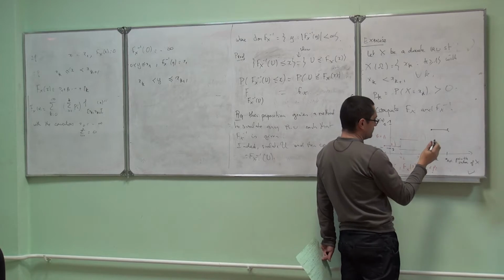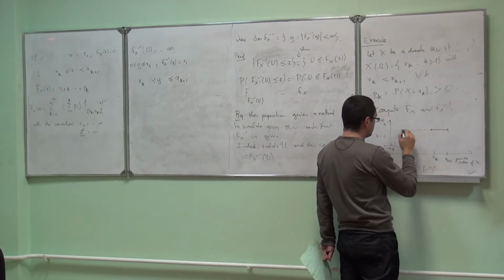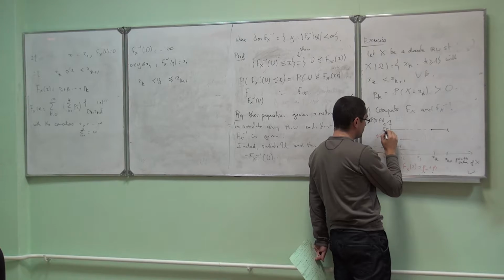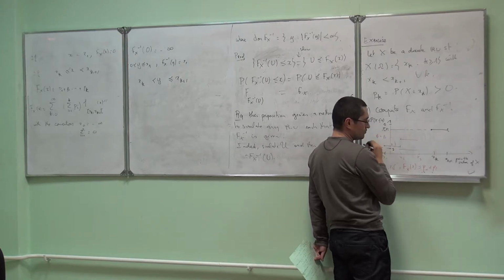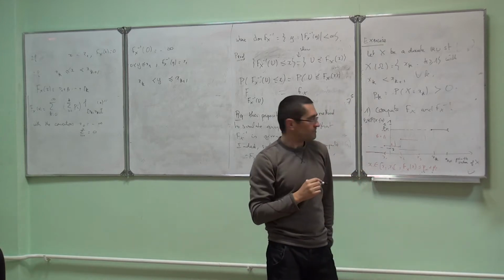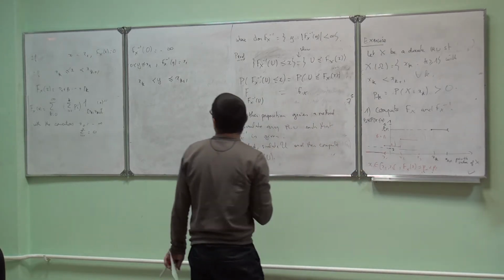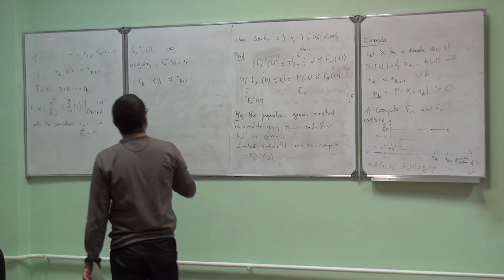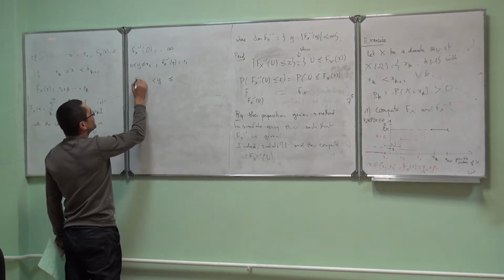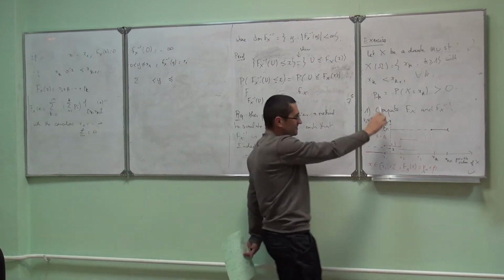Here, you have the sum of p_i for i equals 1 to k. So, sorry, there was a mistake here, of course. Here, we work on this axis.